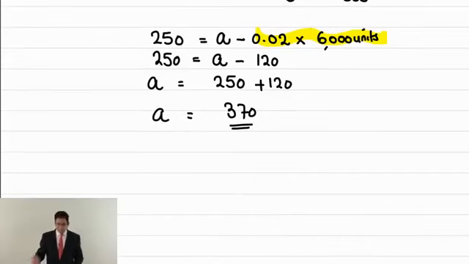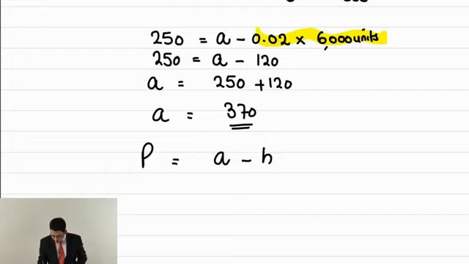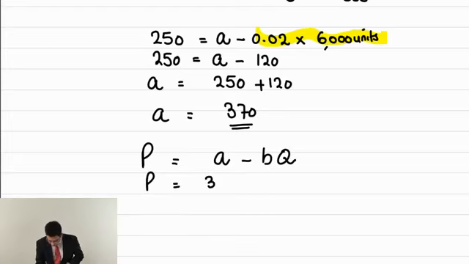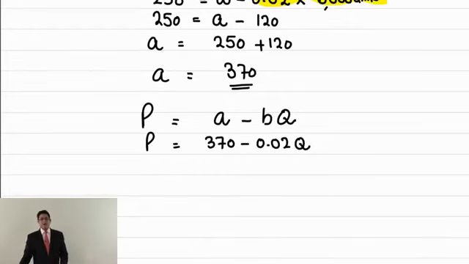So demand function of this company is P equals A minus BQ, which is 370 minus 0.02Q. This is first part of B.